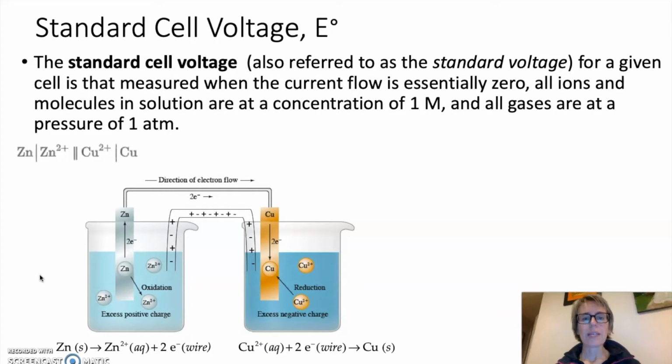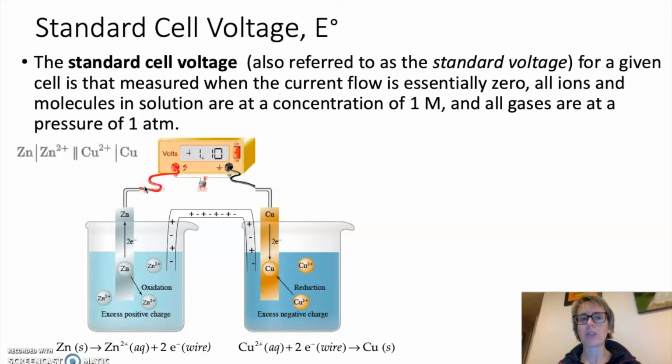We can easily measure this standard cell voltage, which we symbolize with a capital E with the degree symbol. As long as we meet some defined conditions, which aren't terribly important, we can attach a voltmeter to this system and measure the electrons moving from the anode side to the cathode side.